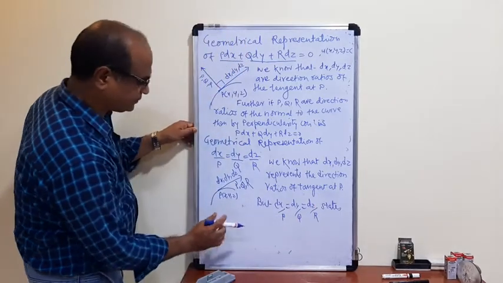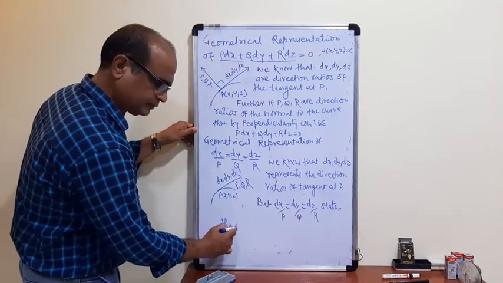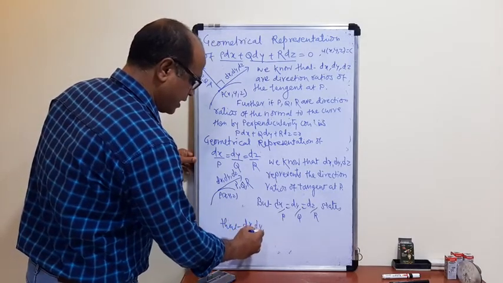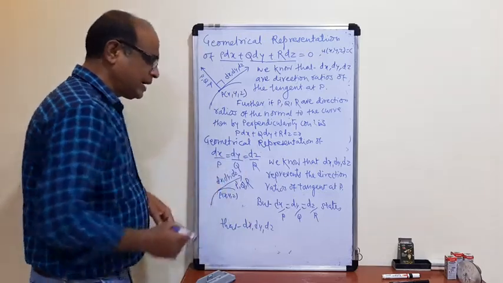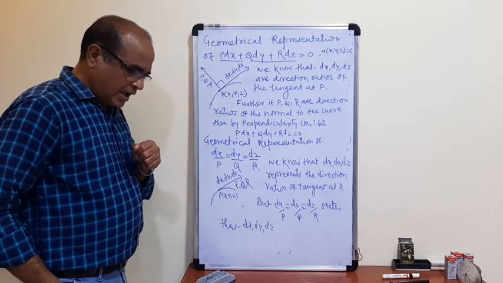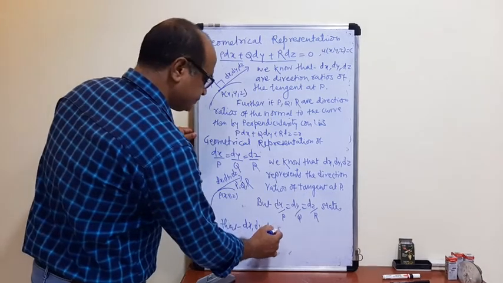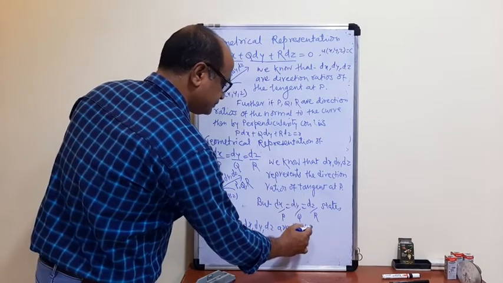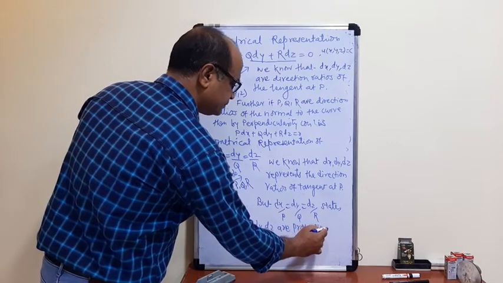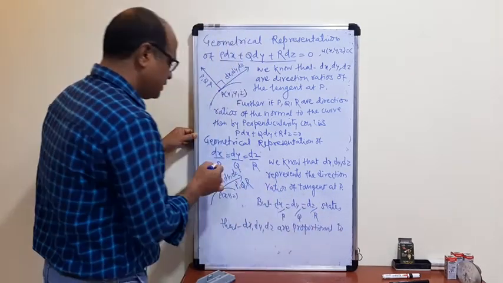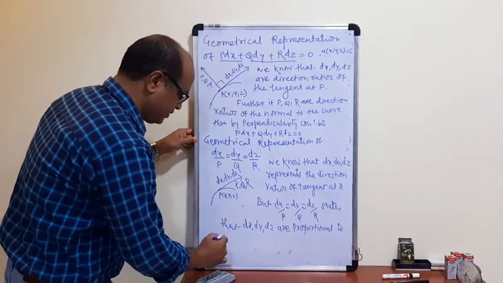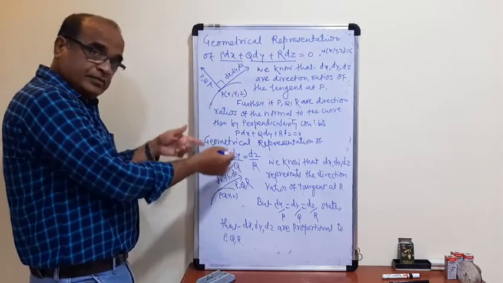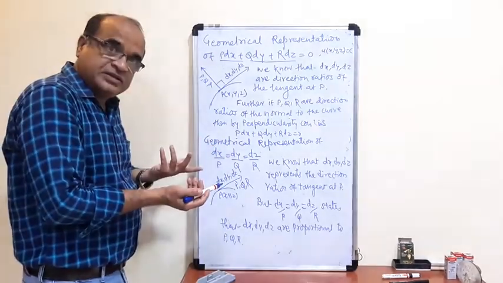But dx upon P, dy upon Q, dz upon R states that dx, dy, dz are proportional to P, Q, R. Then this is a parallelism condition.